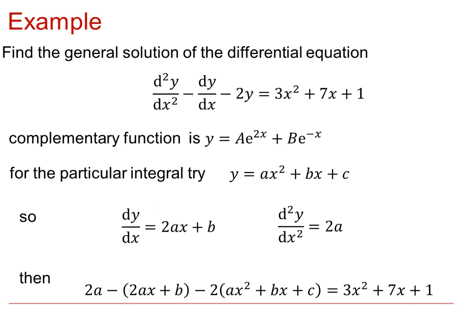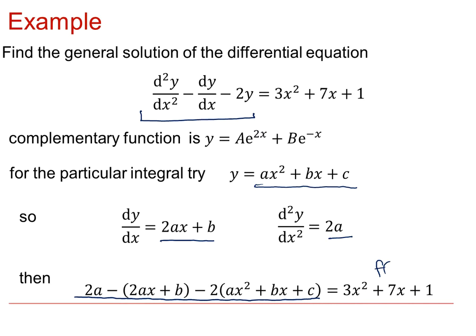If we then substitute the ax squared plus bx plus c, the 2ax plus b and the 2a into the equation, we can see that we would get this expression here, and that will then equal the f of x from the original differential equation.